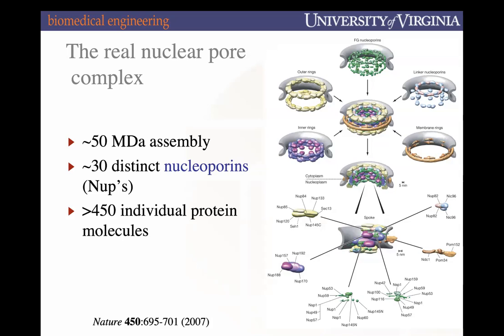It's this large 50 megadalton protein assembly that has 30 distinct NUPs, or nuclear porins. You can appreciate that there's a series of small inner ring proteins that are stacked around each other, all characterized by these different kinds of NUPs. And there are over 450 individual proteins within a single nuclear pore complex here.